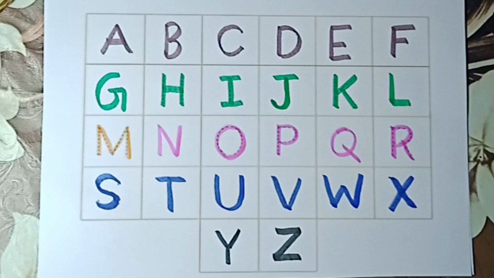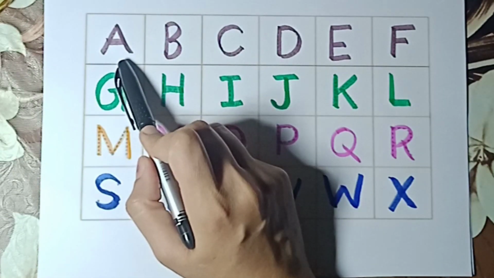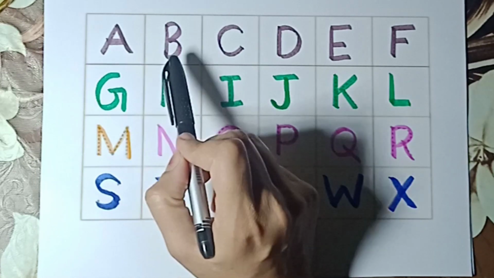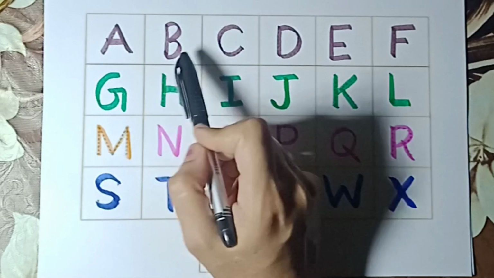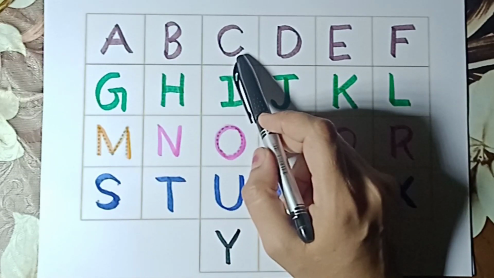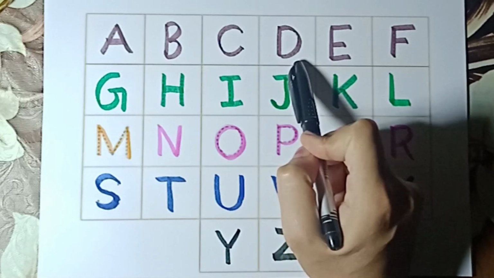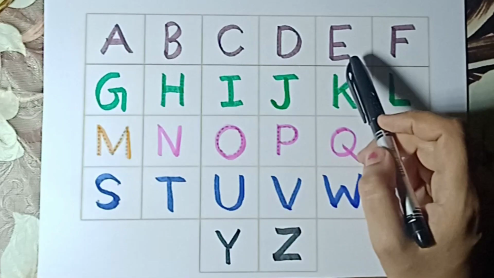Now let's revise. A. A is for apple. B. B is for ball. C. C is for cat. D. D is for dog.